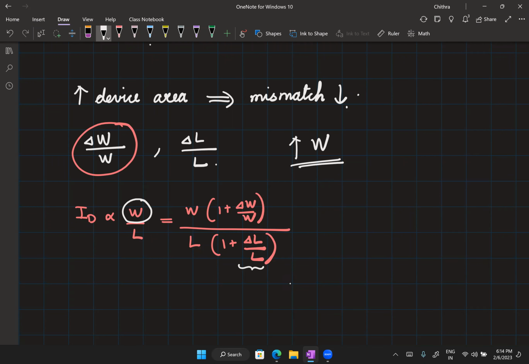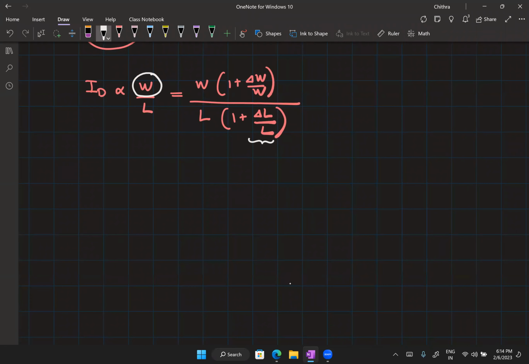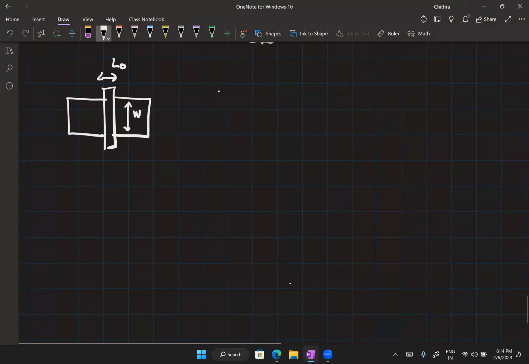The question is clear? Okay. So let me show you why that can also happen. So I'm going to take two transistors. Let's say the first transistor has a width of W and a length of L0. Okay. So this has some W by L0.